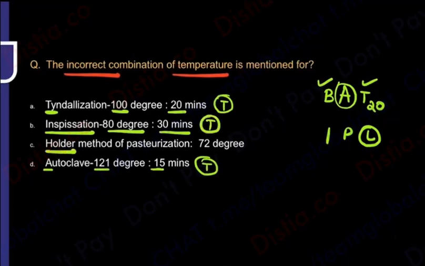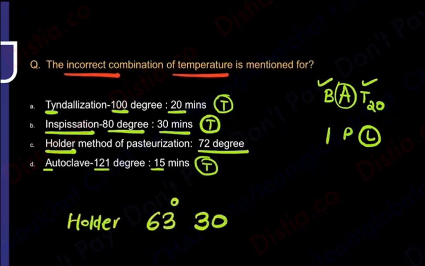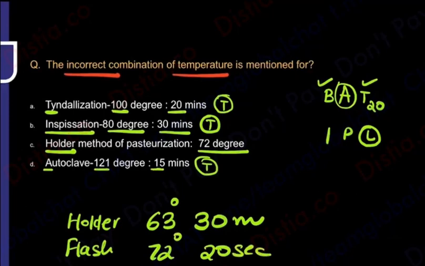Holder's method of pasteurization, 72 degree? No, I know Holder's method was 63 degree, 30 minutes. The flash method was 72 degree and 20 seconds. So this then happens to be the incorrect combination.